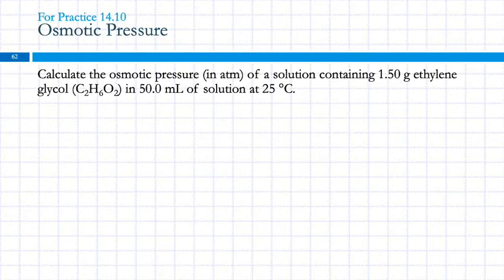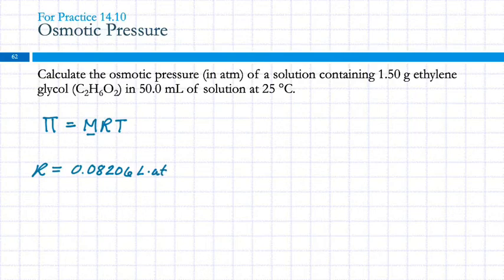But the equation for osmotic pressure is the molarity times the ideal gas constant times the temperature. So R is fine, we know what that is, 0.08206 liter atmospheres divided by moles times Kelvin. And the temperature needs to be in Kelvin.